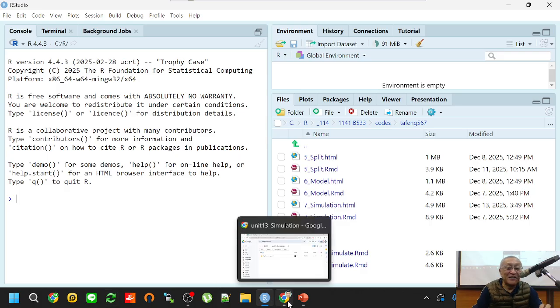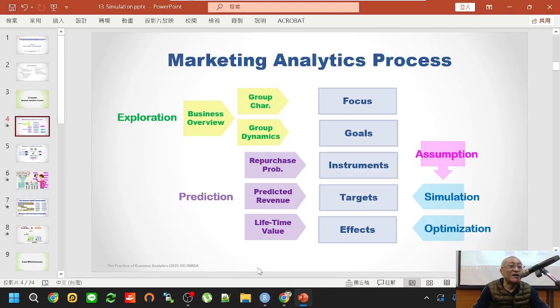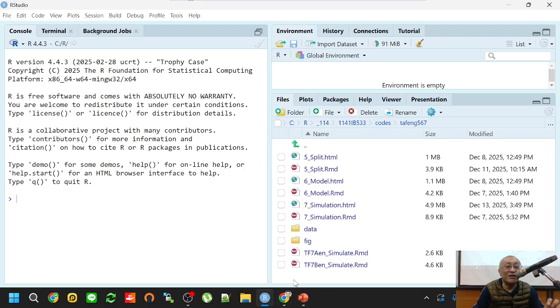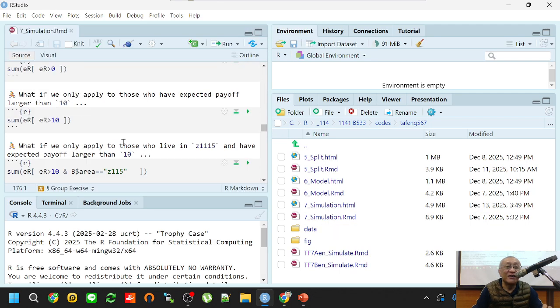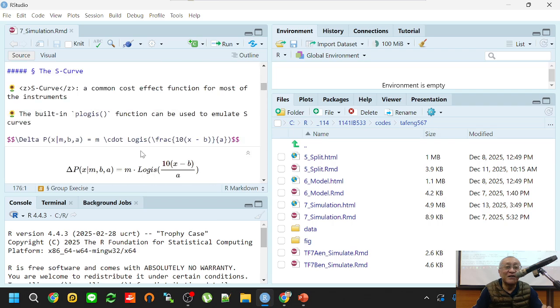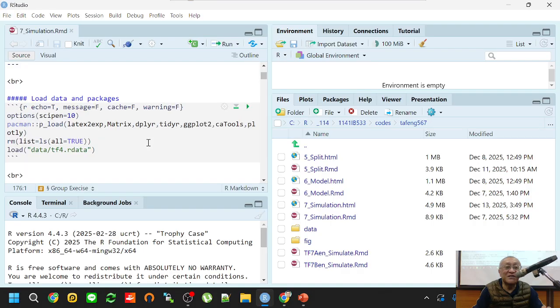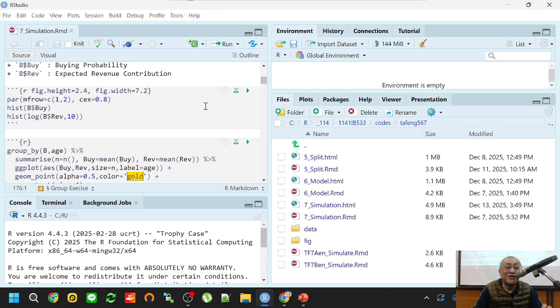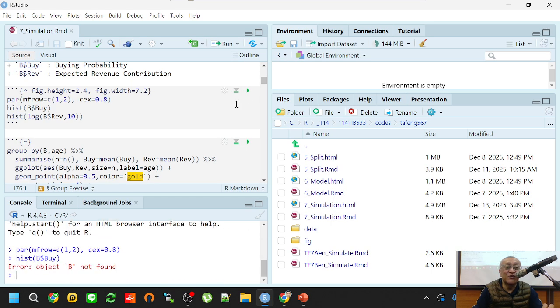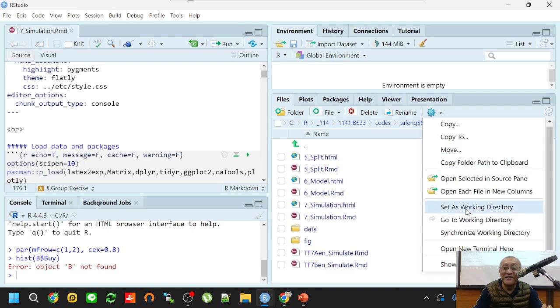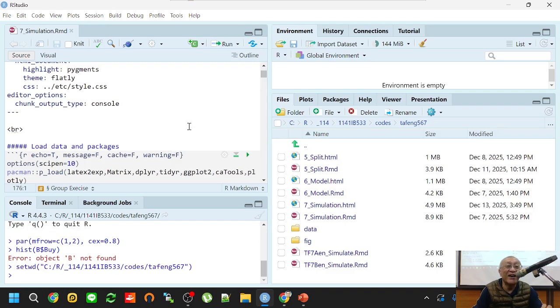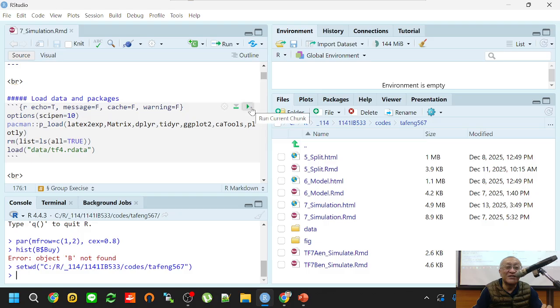Now let's get back to here. If we go into this 7 simulation RMD, let's execute the first chunk. Sorry, I should set the working directory first, okay? And then this is the first code.